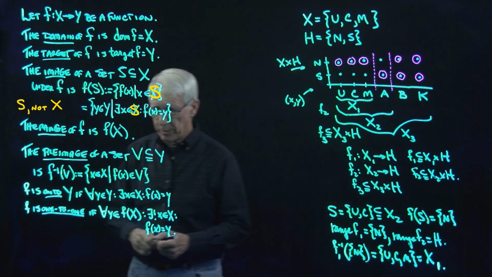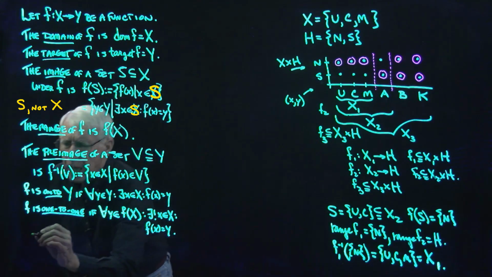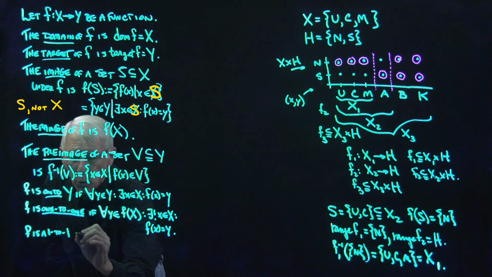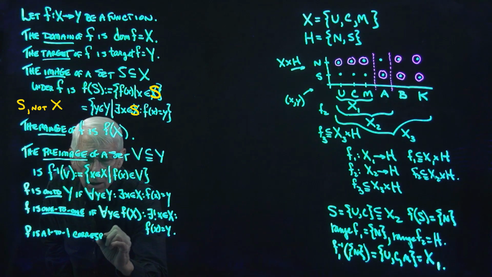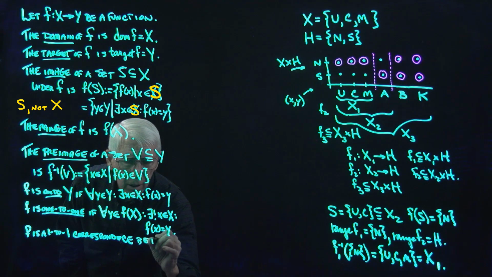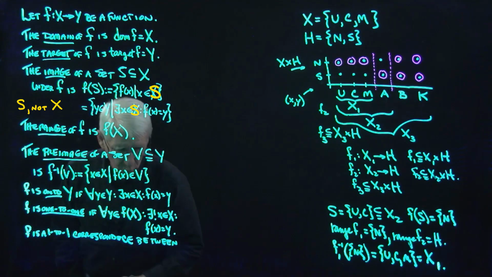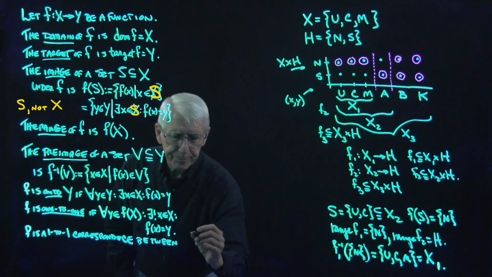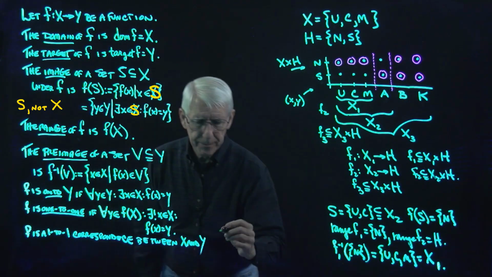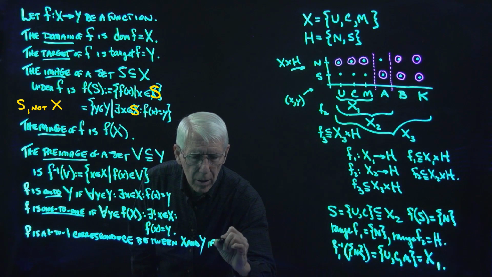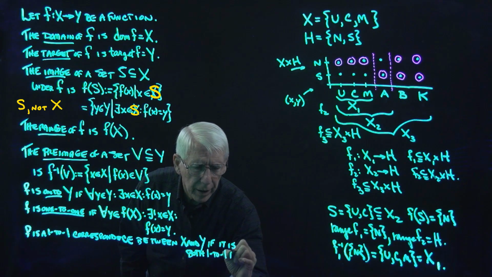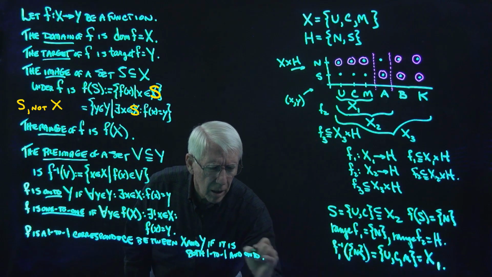There's one more thing I'll mention here, and that is that f is called a one-to-one correspondence between x and y if it is both one-to-one and onto.